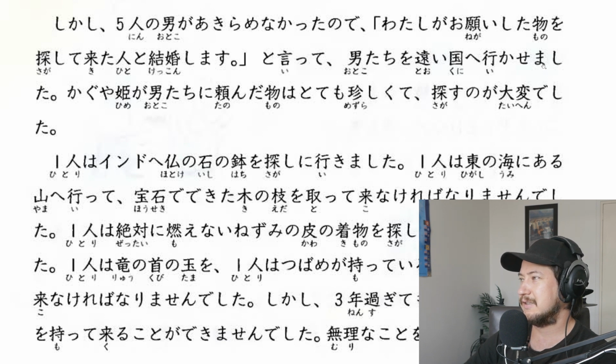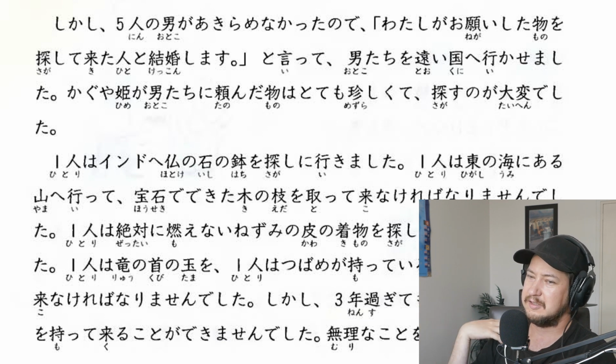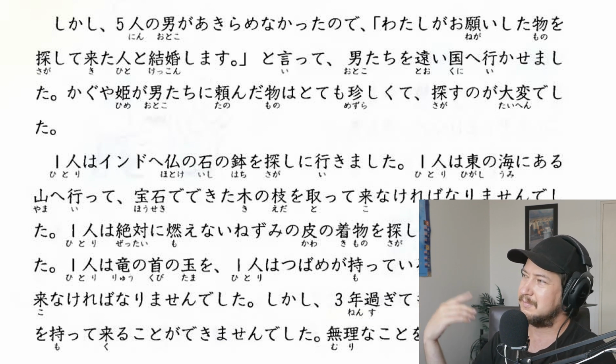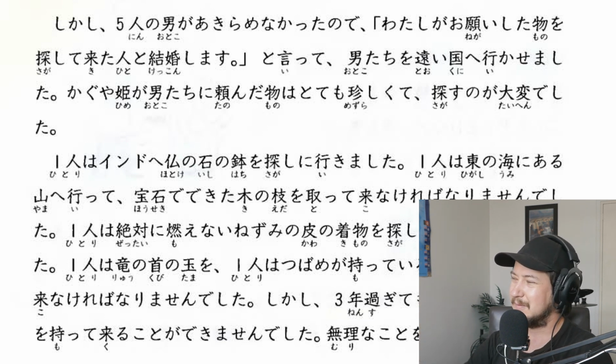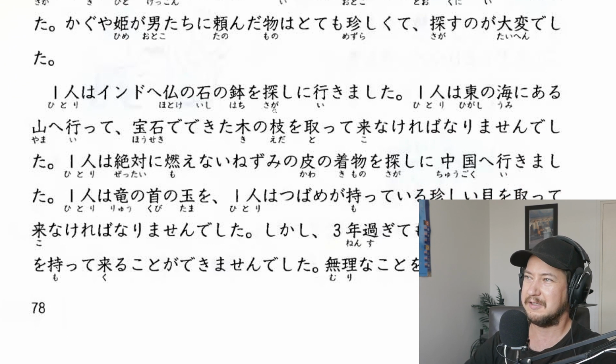Now this 行かせました. 行く means to go, but this 行かせました is like someone allows them to go. I mean, it's a weird grammar. Maybe it's an old text, so they have some strange, ancient grammar.